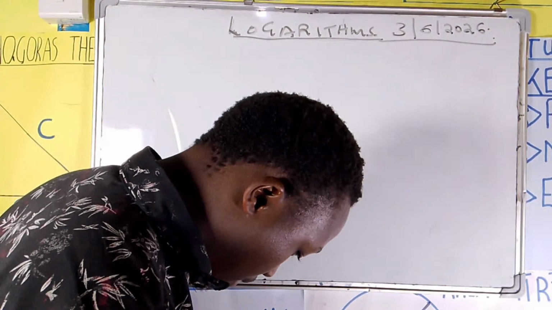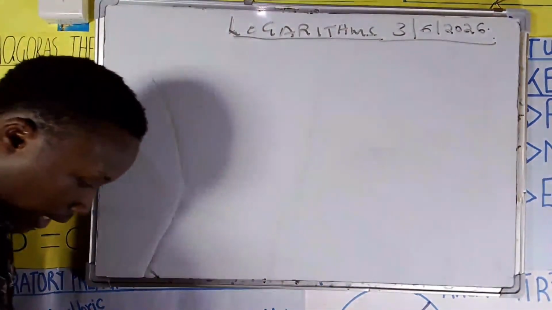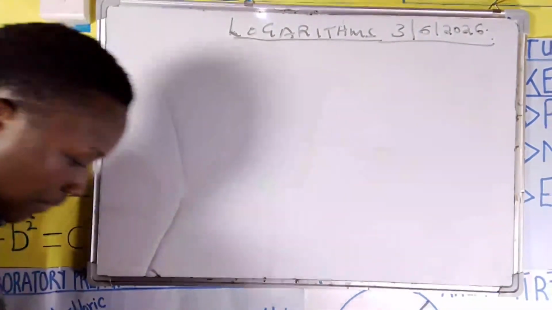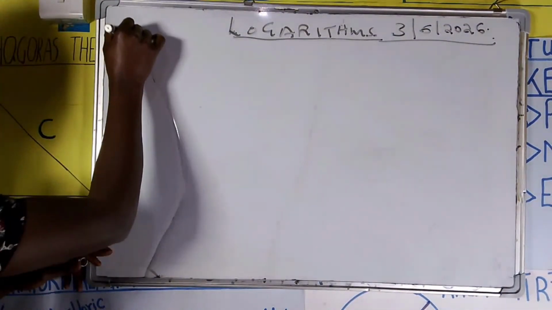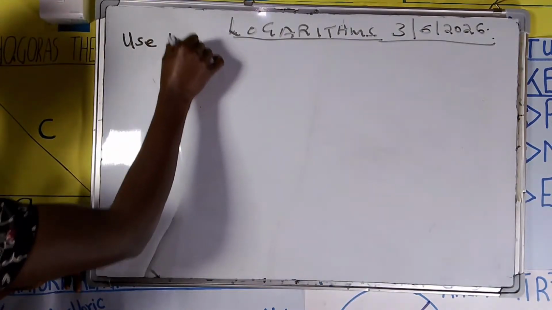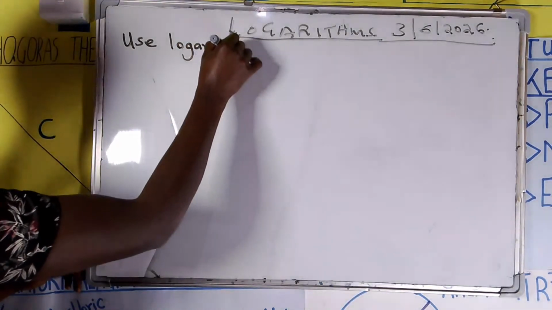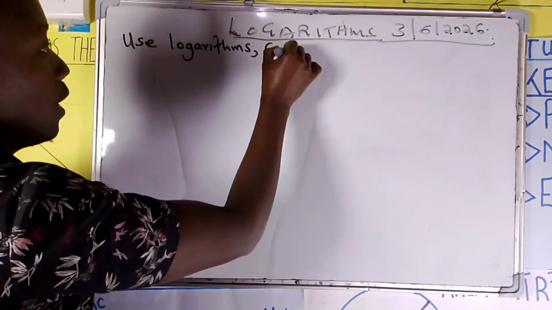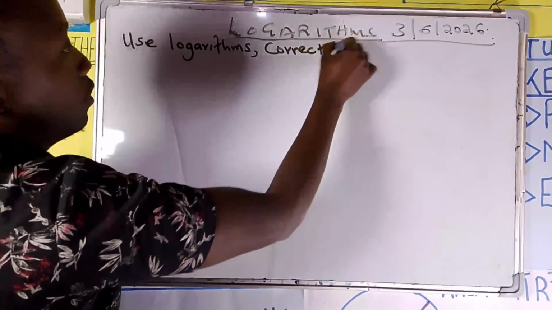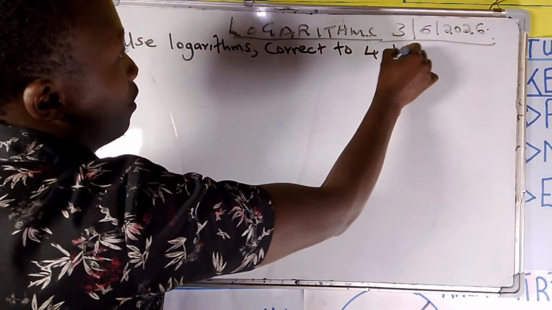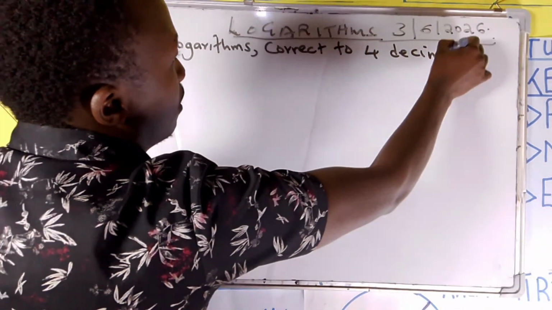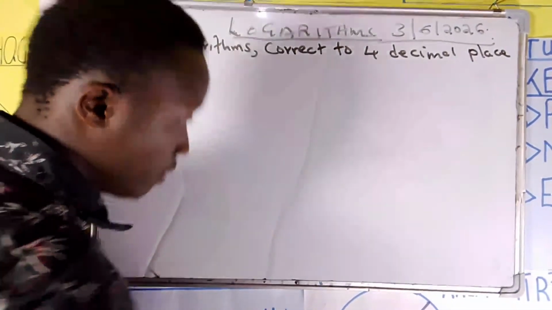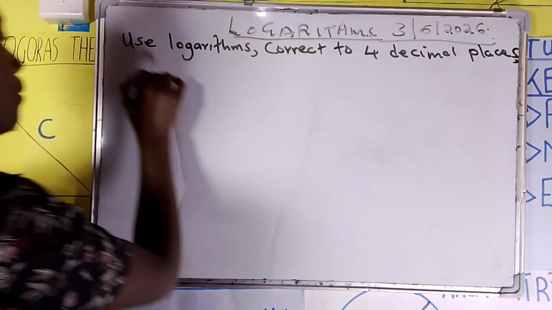There is a question that we have here, and it reads: use logarithms correct to 4 decimal places.